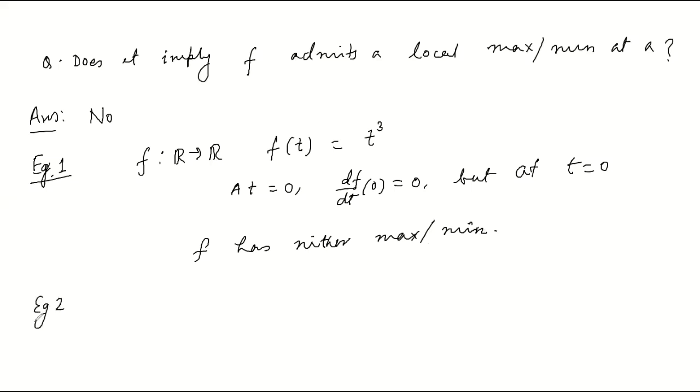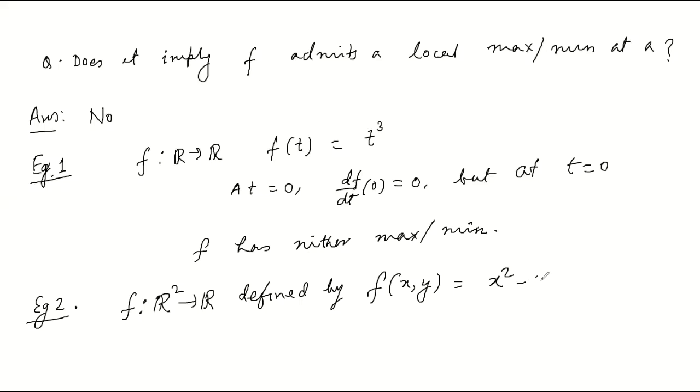Example 2. Here consider f, a function from R^2 to R, defined by f of (x, y) equal to x^2 minus y^2. Here the partial derivatives of f with respect to the first and second variables, d1 f at the point (0, 0), is equal to 0, and this is equal to d2 f at (0, 0).